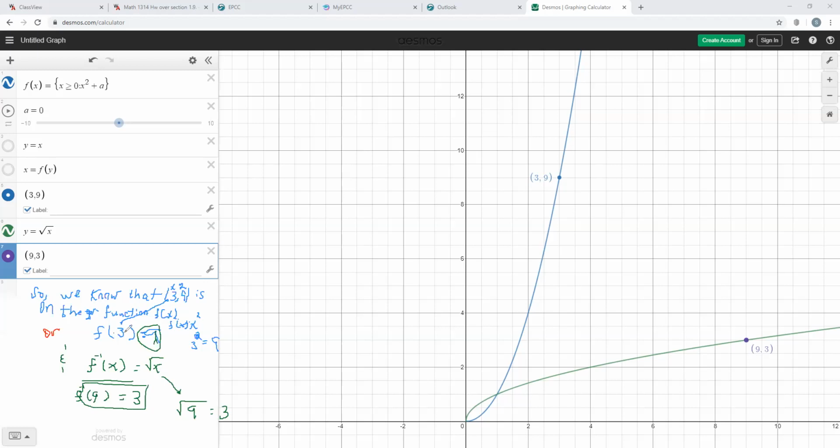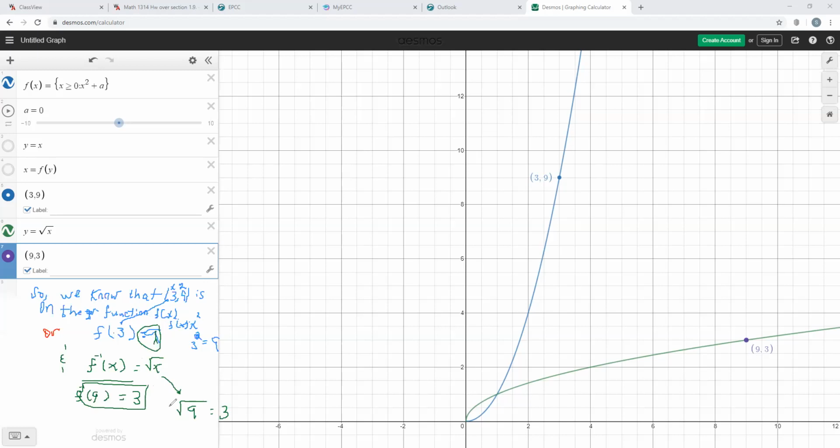So if you put domain value 3 into the first function, f, we get a mapping of 9, because 3 squared is 9. If you take that range value, 9, and put it into the inverse function, you get back to 3, because the square root of 9 is 3.